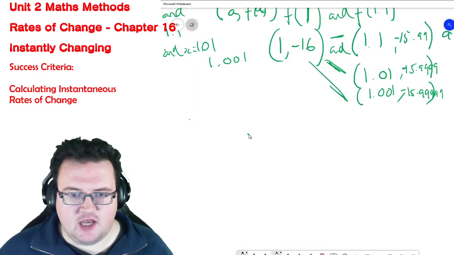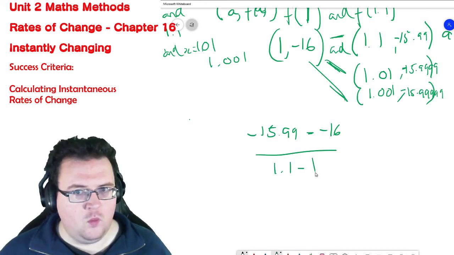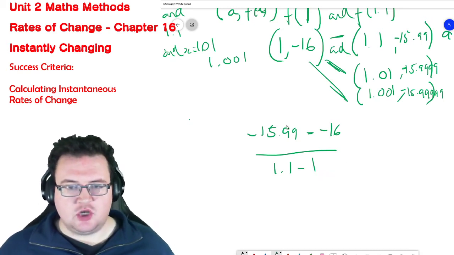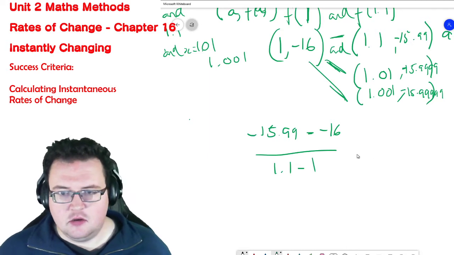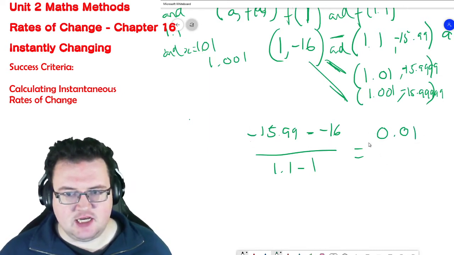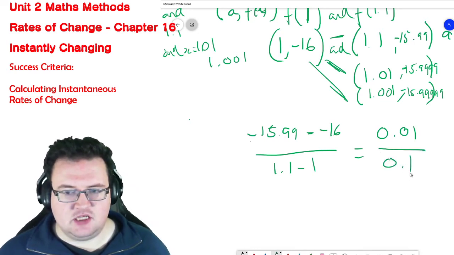So it's negative 15.99 minus 16 divided by 1.1 minus 1. So what does that come out as? Well, that's 0.01 positive because it's negative 15 plus 16. And that's 0.1 there.